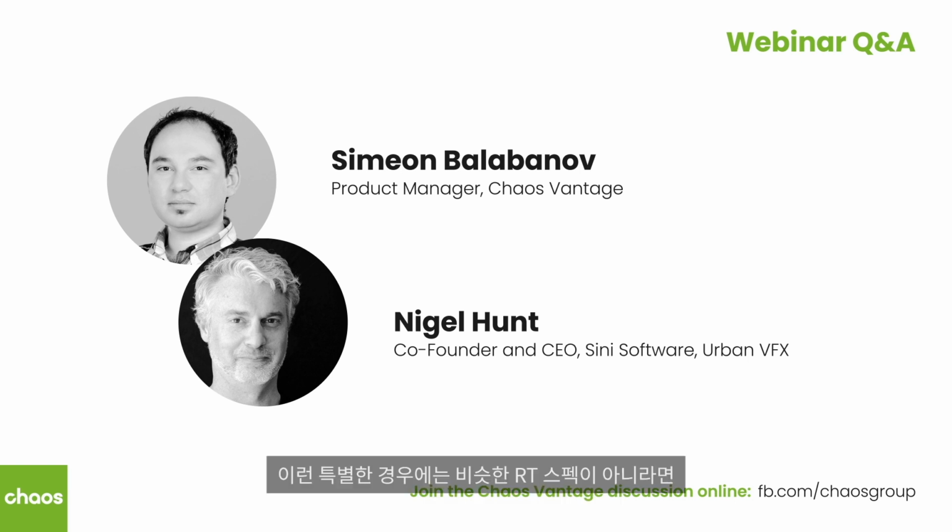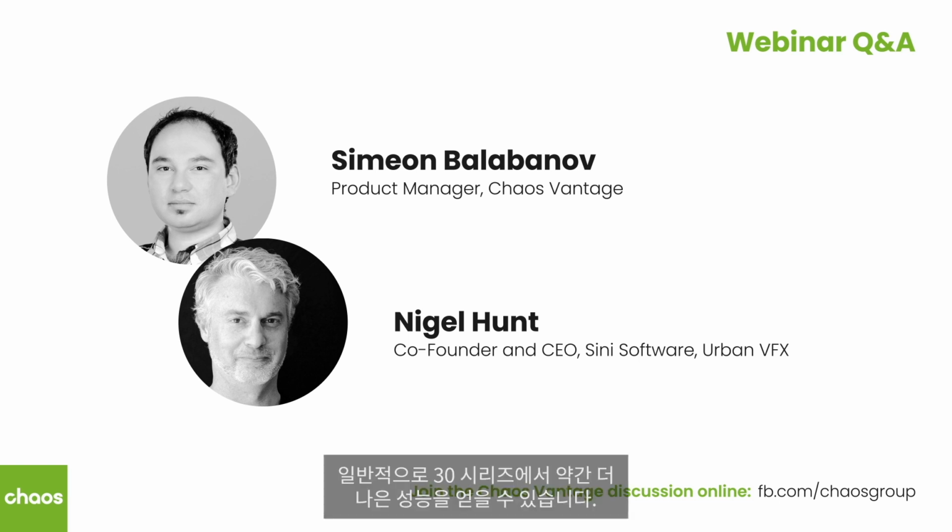In this particular case, I believe they have almost similar, if not the same RT count. And in that type of case, usually you will get a slightly better performance from the 30 series because of the increased tensor core count, which also allows better AI calculations.